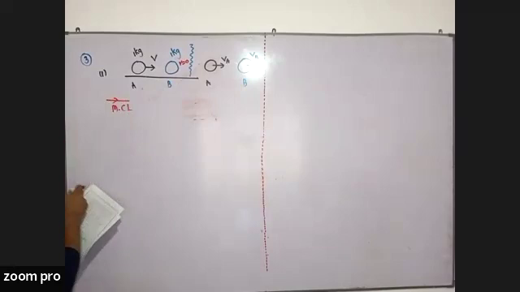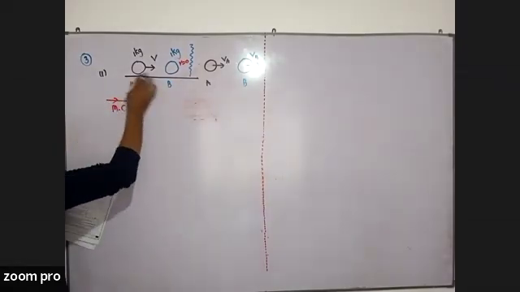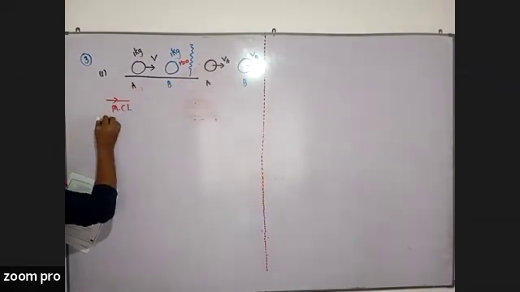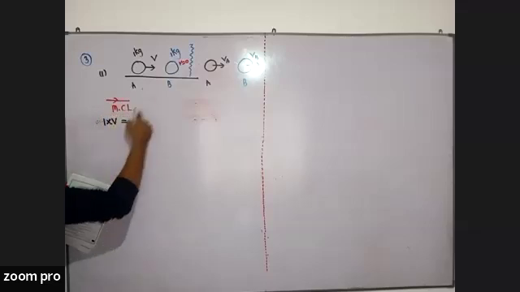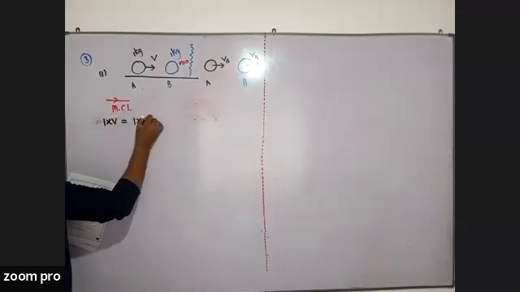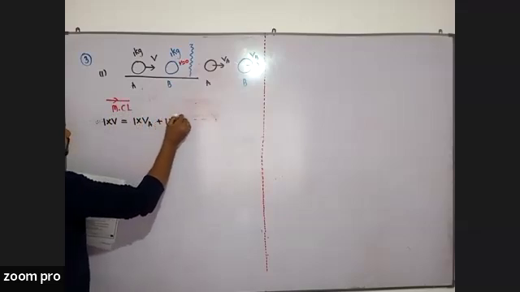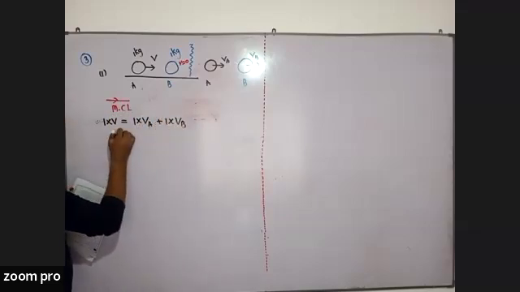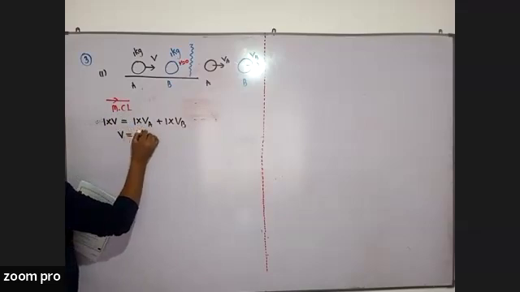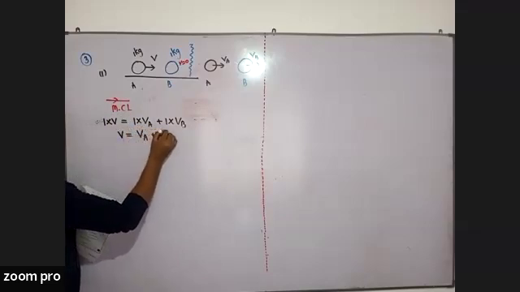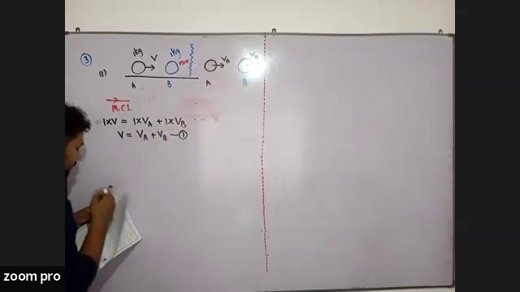So now let's apply the momentum conservation. The initial momentum, 1 into V, equals 1 into VA plus 1 into VB. So the relationship is V equals VA plus VB. Let's consider this as the first equation.